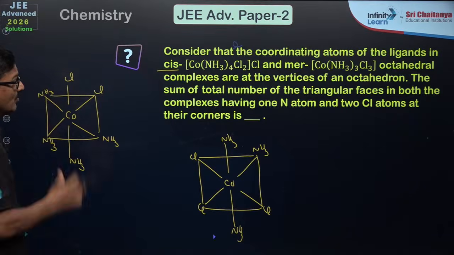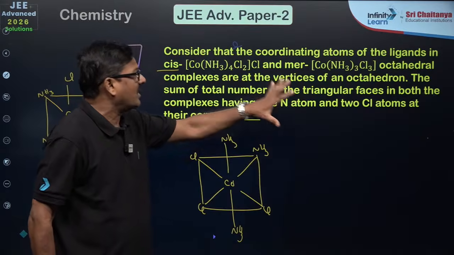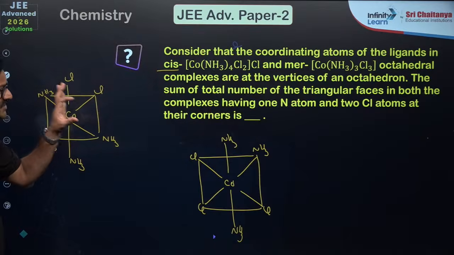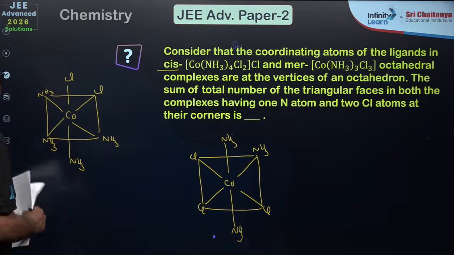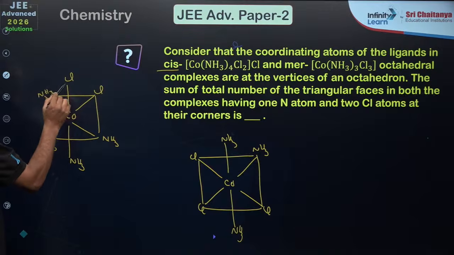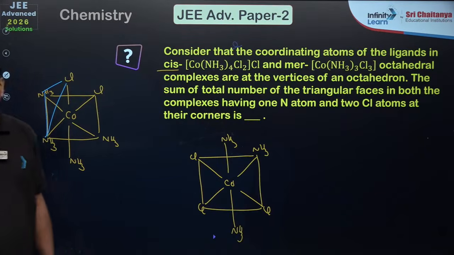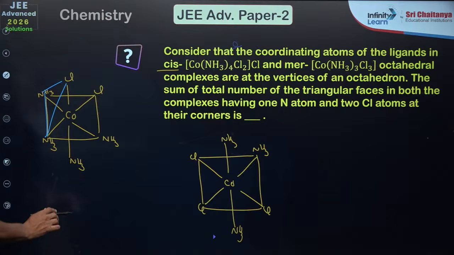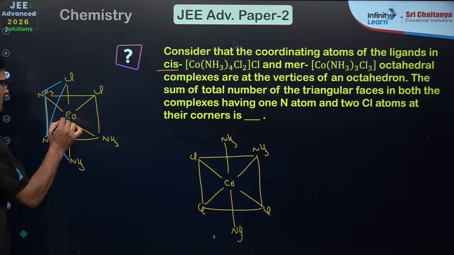Now let us find the sum of the total number of triangular faces of both complexes having 1 nitrogen atom and 2 chlorine atoms. I can get one here in the mer isomer. Yes, it is the one. And also you can see the one here and the one here.